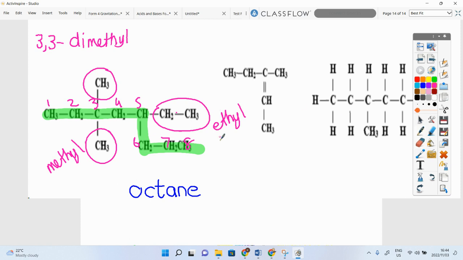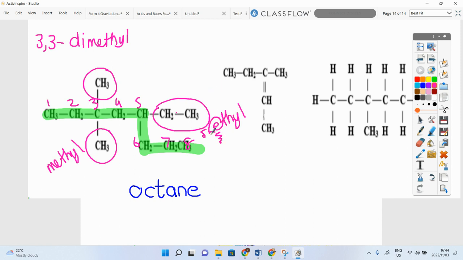And then where's this one? There's only one, so we don't have to worry about di and tri. It's on number 5. Now we need to decide which one goes first in the name. The di and the tri don't count in the alphabet.